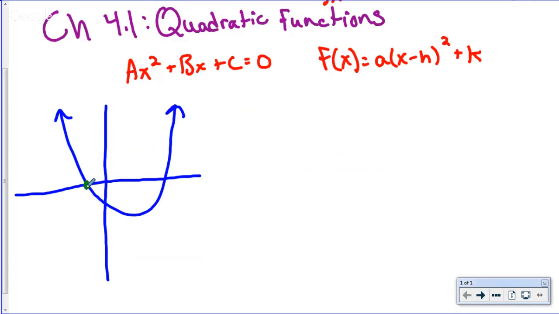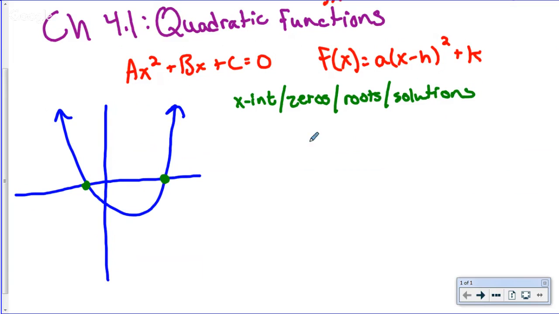The first two are these 2 points right here. These are called x-intercepts, zeros, roots, and solutions. You find those by putting y equals 0 and solving for x.